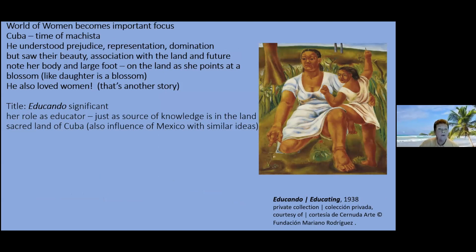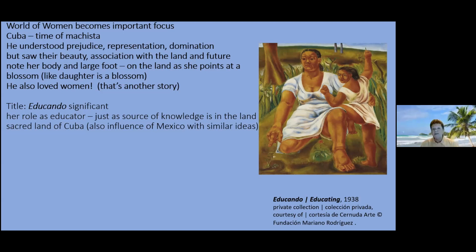And also, when we note, in this example as well, Educando, or Educating, the foot on the land, her body and her large foot, she is one with the land. She's planted there, just as the plants around her, and she's pointing at a blossom, like her daughter is a blossom. The daughter is her blossom. She has created that little girl. So it's very significant. The woman is the educator. The woman is the creative.